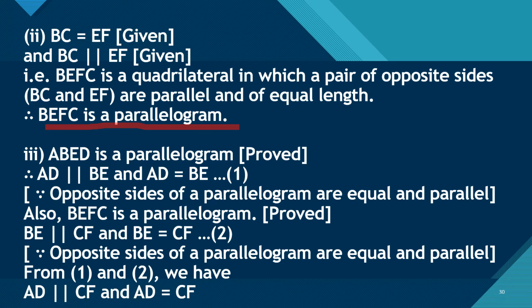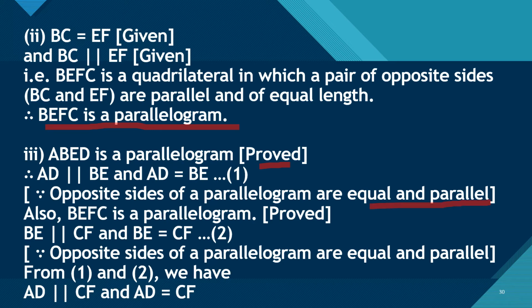Third, ABED is a parallelogram, as proved. So therefore AD is equal to BE and AD is parallel to BE. Sorry, I made a mistake in speaking. Opposite sides of a parallelogram are equal and parallel.